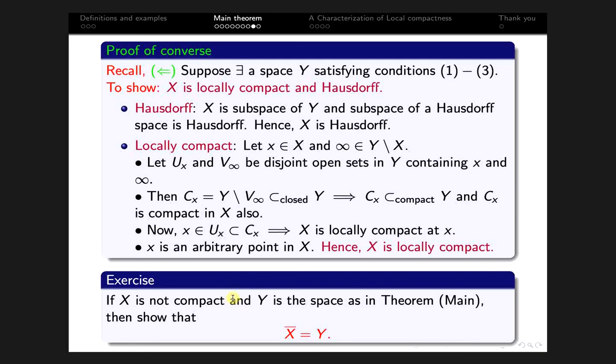Basically you have to show that infinity is a limit point of X, that is, every open neighborhood of infinity in Y intersects X. So basically it is enough to show that every open set of Y of type 2 intersects X.